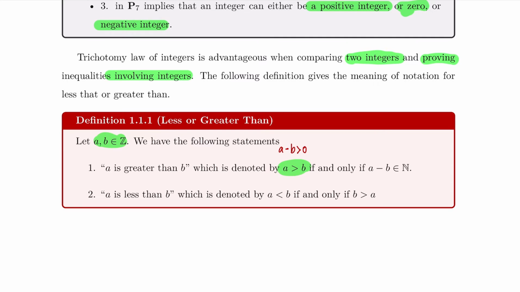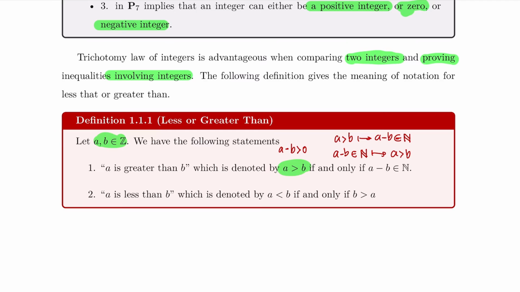A greater than b means that a minus b is greater than 0, meaning that a minus b must be a natural number. That's number one. So if a is greater than b, then we can say that a minus b is contained in the set of natural numbers. Or if you have a minus b contained in the set of natural numbers, this means that a must be greater than b.